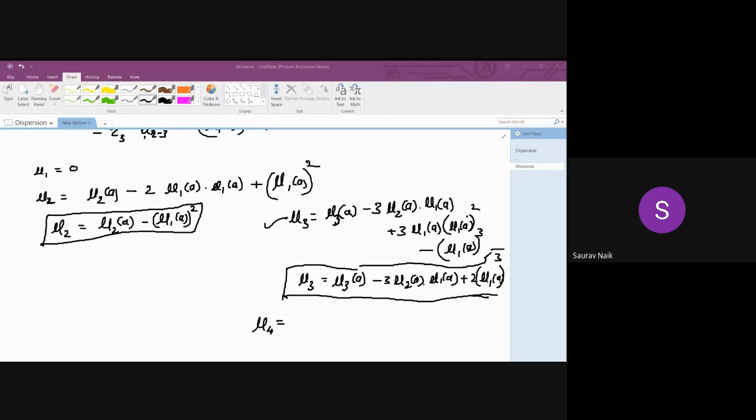Sir, in that mu3 formula, what is after 3 mu1a into mu1a square? Minus mu1a cube. Okay. Sir, to find mu1, mu2, or mu3, we just need to use the third property, right? So that we can get all those terms. Yes.